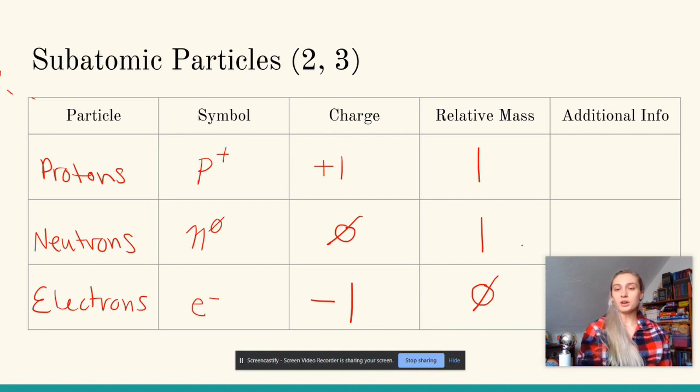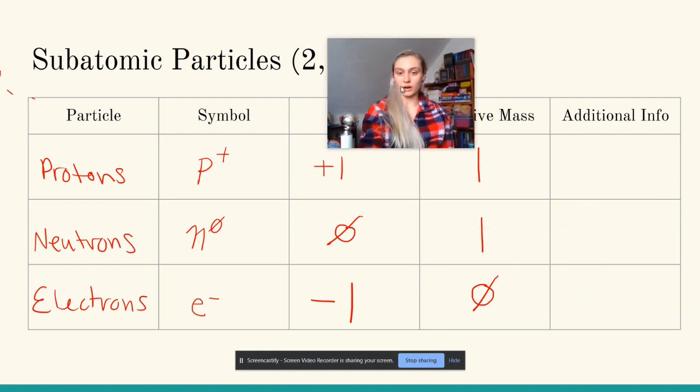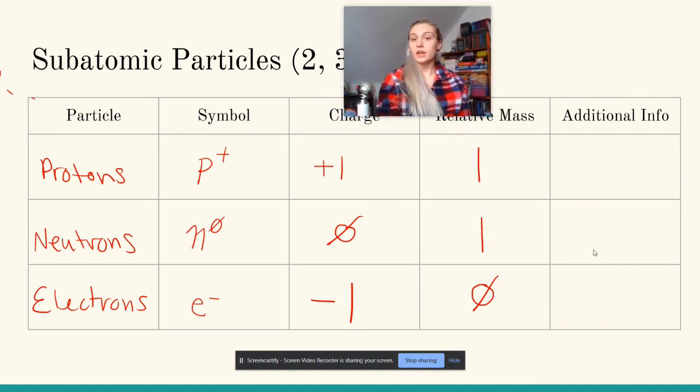And then I put a part on the graph that says additional info. The reason I did that is because I wanted to note some things, which I am going to say again later, but just to have them all out in this little chart, I thought would be helpful.